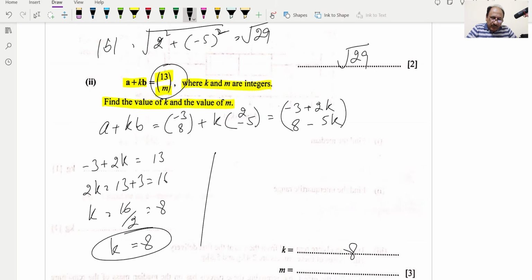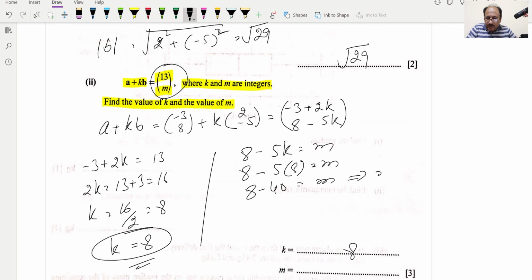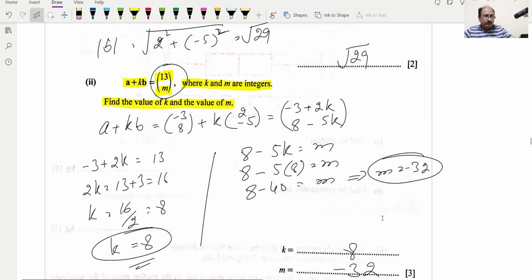So for m we can compare the second equation. 8 minus 5k is equal to m, and the k value which we just found we can write here: 8 minus 5 into 8 is equal to m. So this will be 8 minus 40 is equal to m. This implies m is equal to minus 32 basically. We can write minus 32 over here. This is done.